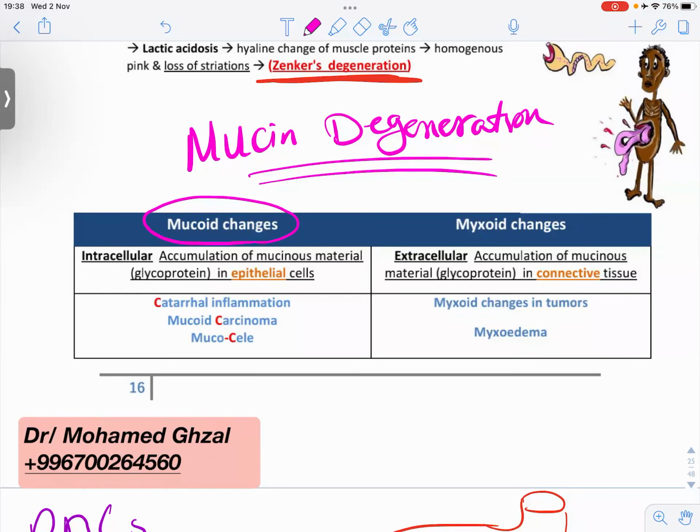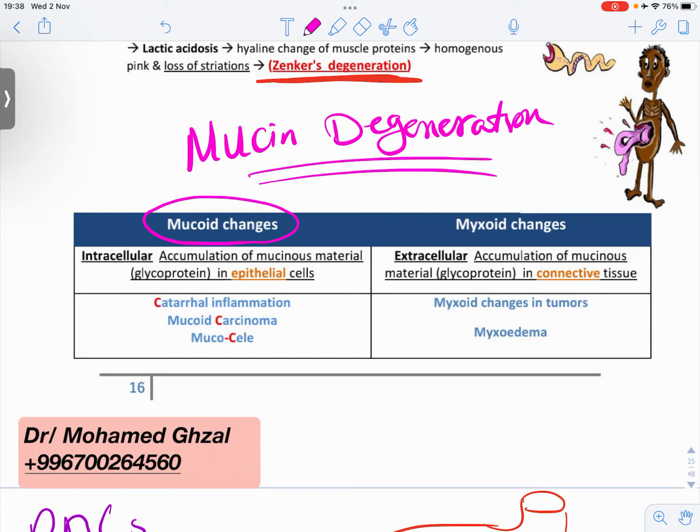But the problem is that we have a weird situation when we see accumulation of mucin inside an abnormal site like connective tissue. Can you imagine that you will see mucin in connective tissue? You will see mucin, for example, inside the skin or in the bone.